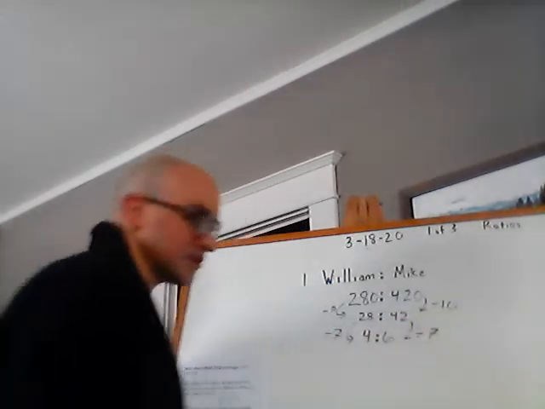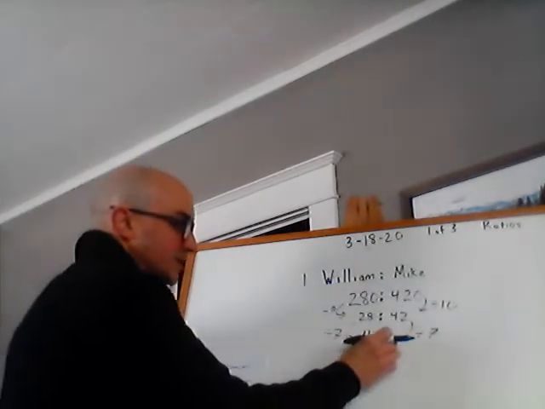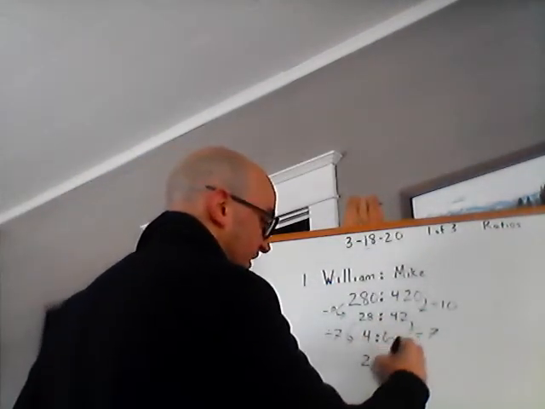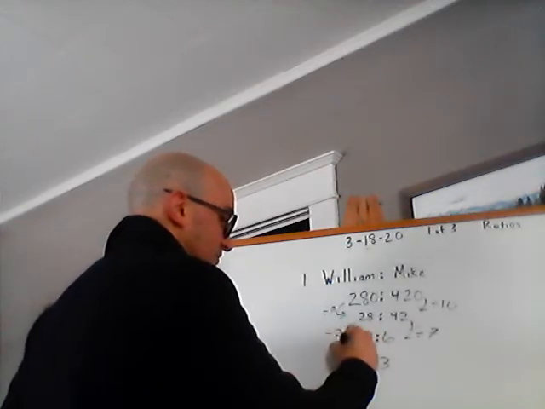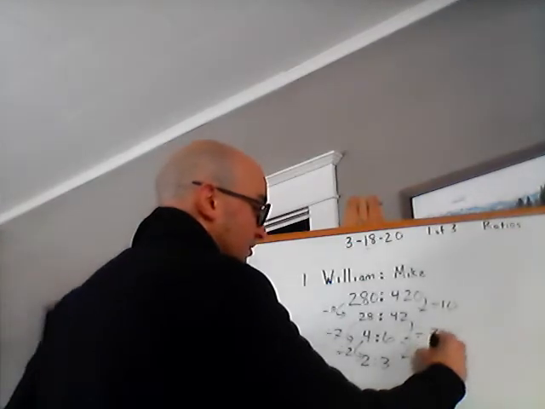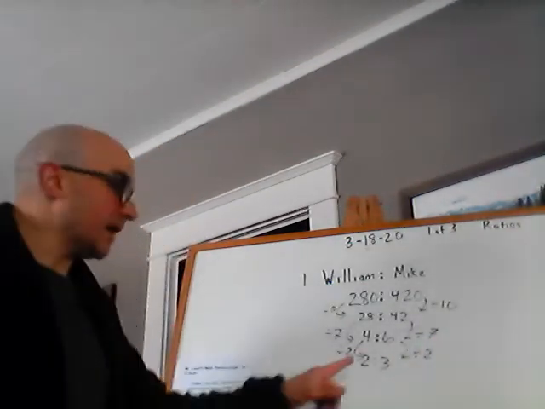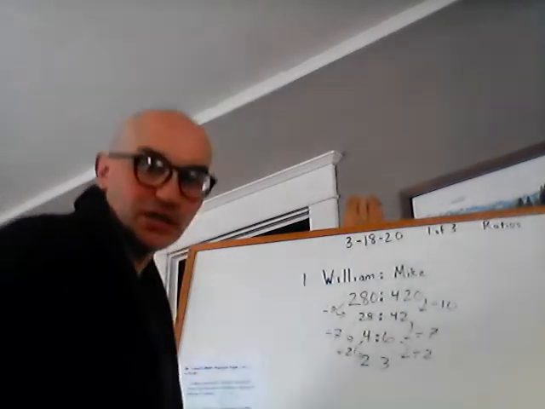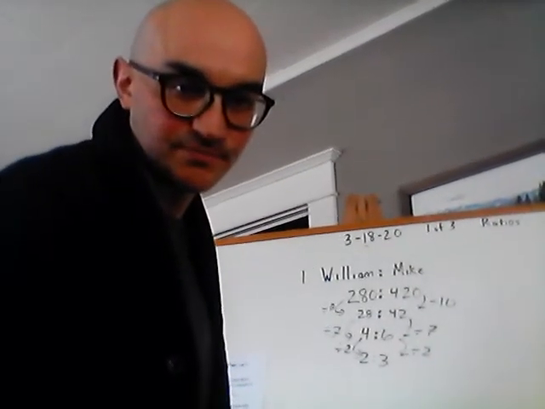And 4 to 6 looks good, but it can also be simplified, remembering that these are both even numbers. They're divisible by 2, and so my final step gives me 2 to 3. For every $2 William has, Mike has $3. So that should be our final answer there, 2 to 3. I'm going to pause to reset.